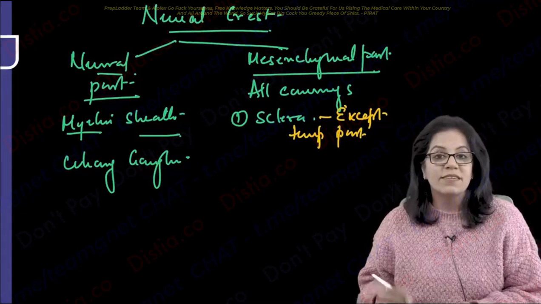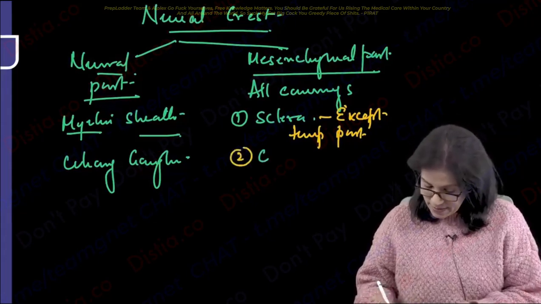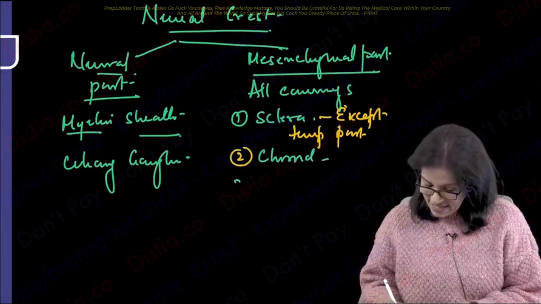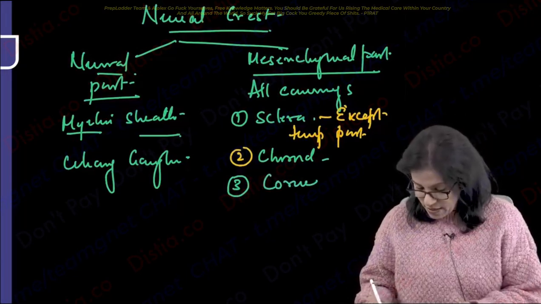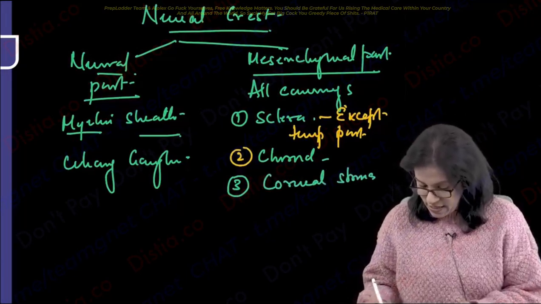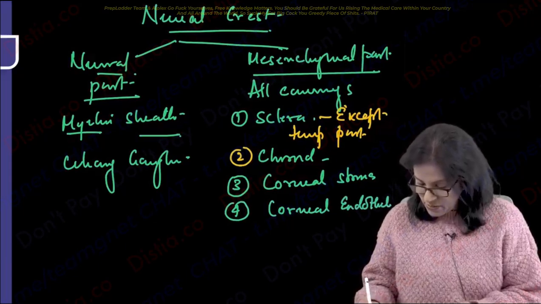Okay, what next? Choroid. Okay, we can note down choroid. What next? Cornea. What about cornea after sclera? So corneal stroma and corneal endothelium. Both are derived from neural crest. Corneal stroma, corneal endothelium.